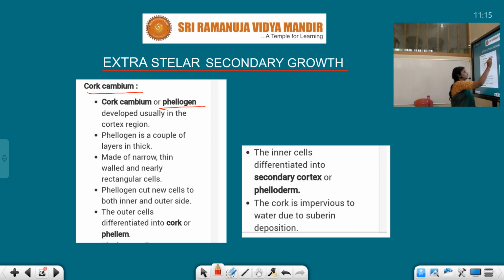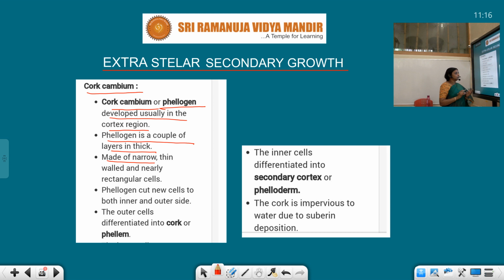Hypodermis is also a cortex part, so it develops in the cortex region, and phellogen is a couple of layers thick, 2 to 3 layers, not more than that, and made of narrow, thin-walled and nearly rectangular cells.